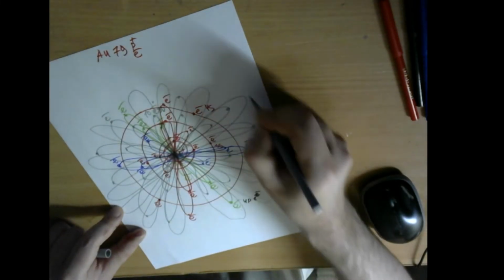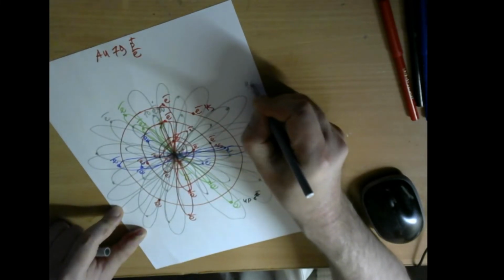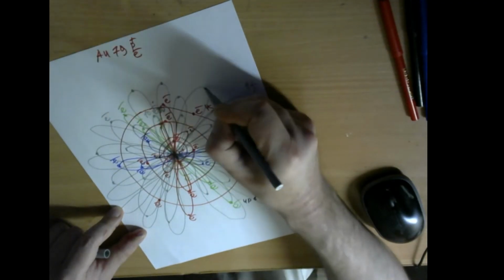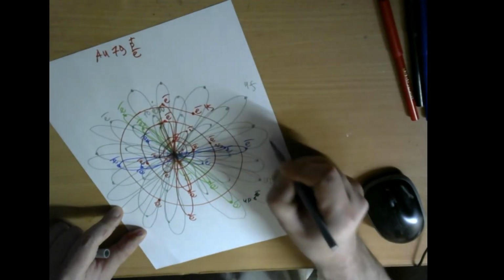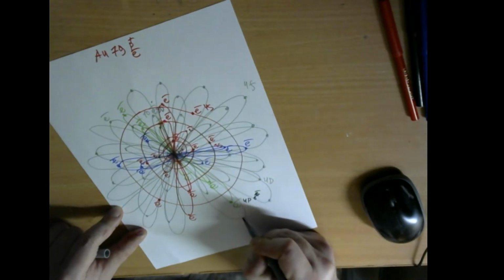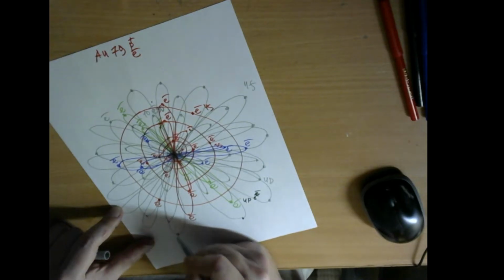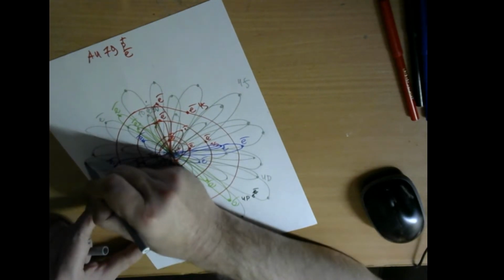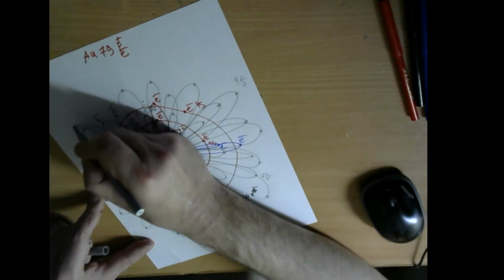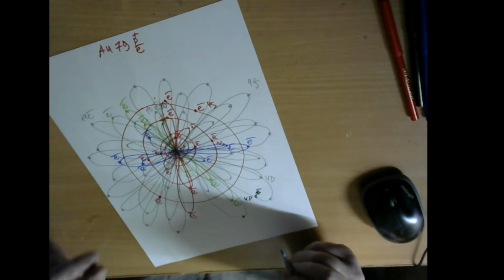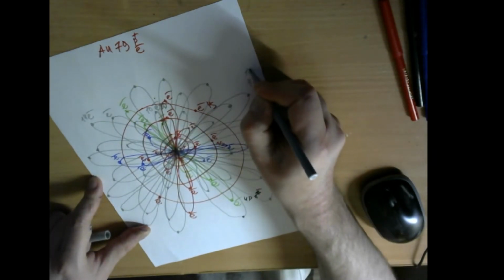This would be 4f. Let's count it. 1, 2, 3, 4, 5, 6, 7, 8, 9, 10, 11, 12, 13, 14 electrons we have here. This would be 4f, 14 electrons.